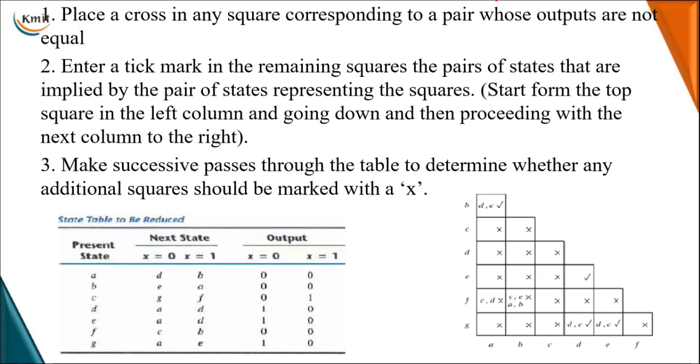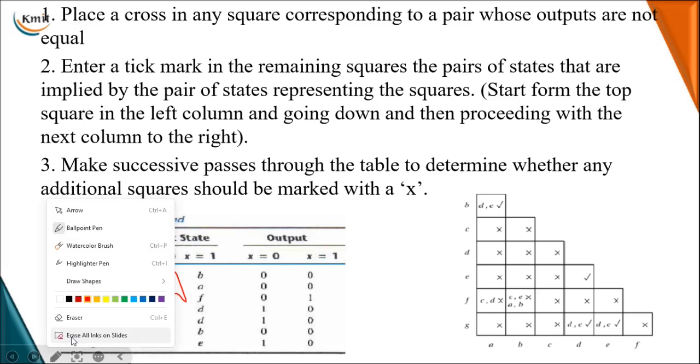When I check the next state, A is moving to the D state when x is 0, and when x is 1 it is moving to B. B is moving to the next state, x equal to 0 is A, B and x equal to 1 is A. So if I want to check compatibility between A and B, if D and E are equal, then A and B are equal.